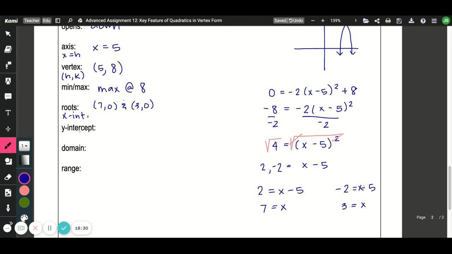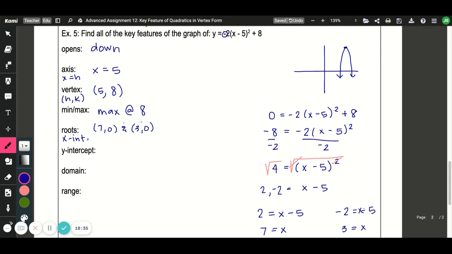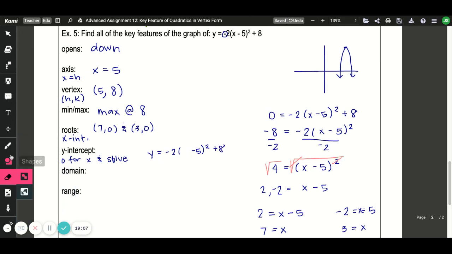To find my y-intercept, I have to do a little more work. Before it was just c, but we don't have a c in here now. There was a, h, and k, no c. So to find the y-intercept, we put 0 in for x and solve for y. So for x-intercepts, we put 0 in for y. To find a y-intercept, we put 0 in for x.